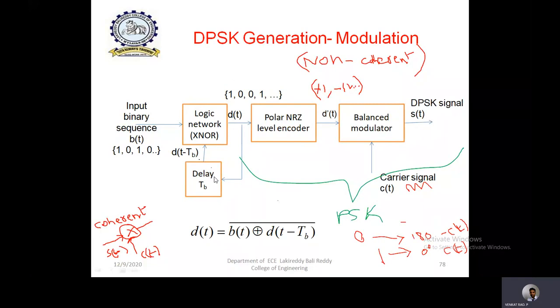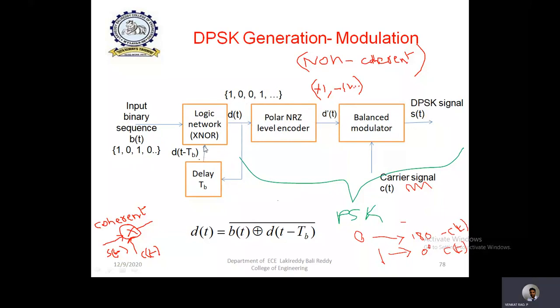Delay means getting the previous value of the present output. So from this output, the previous value is taken as the other input to the XNOR gate. One of the XNOR gate inputs is the input binary data, and the other input is the delayed version or previous value of this output. For example, here 0 is generated at this moment.